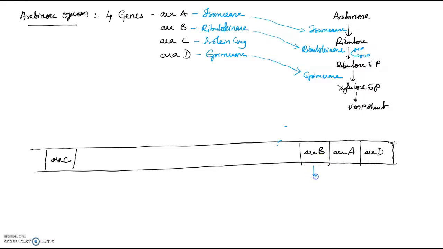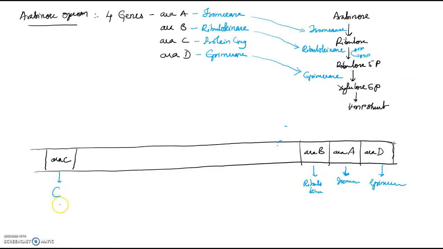ARA-B codes for ribulokinase, ARA-A codes for isomerase, ARA-D codes for epimerase. Apart from these, ARA-C codes for a regulatory protein C.